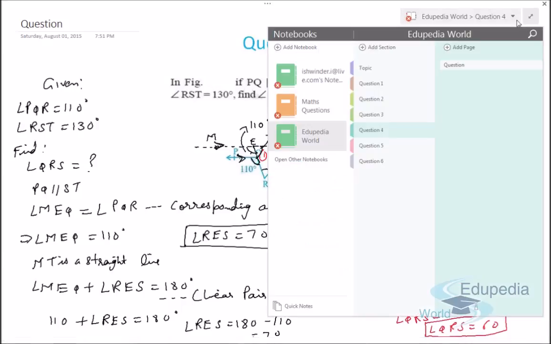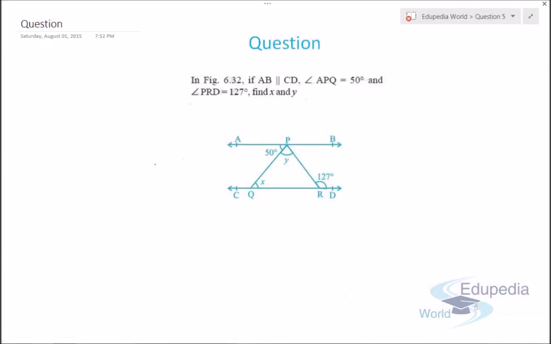So let's move on to the next question. Question number 5. In the figure, it's given that AB is parallel to CD, and angle APQ, means this angle, is 50, PRD is 127. So we need to find y and x.